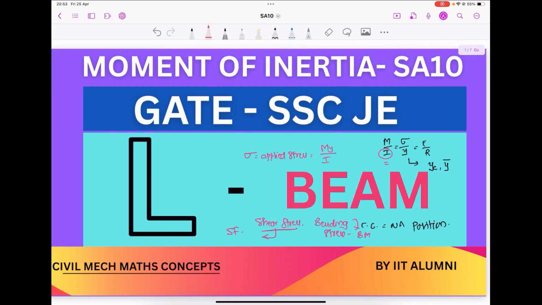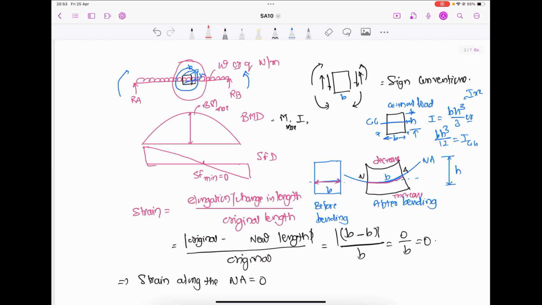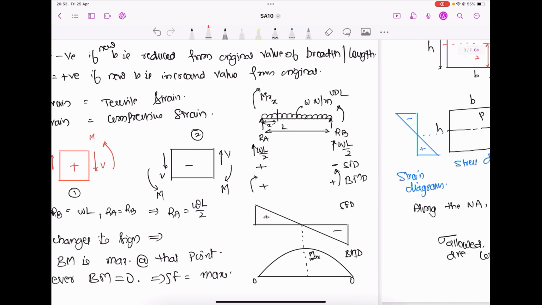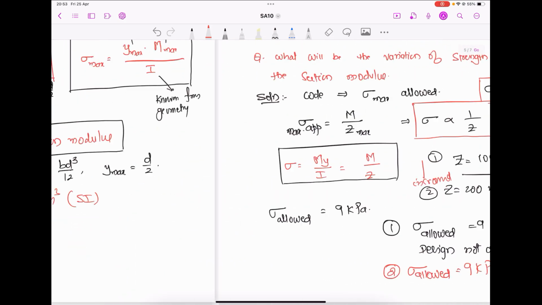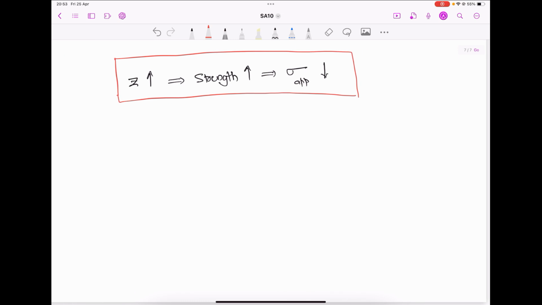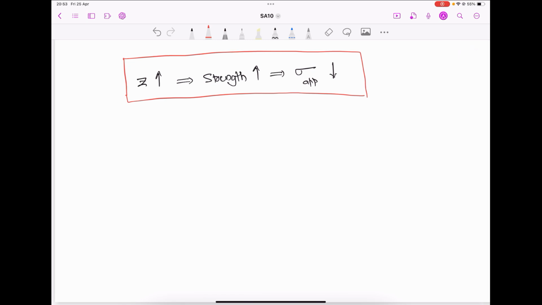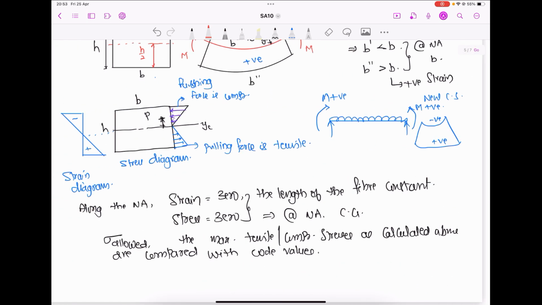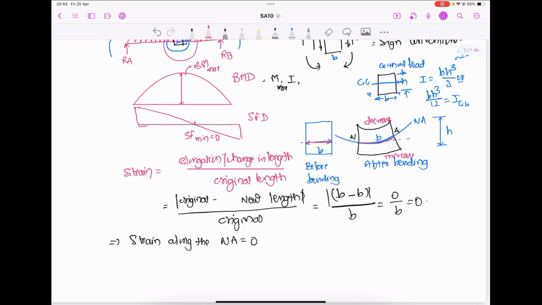Now you see, we got all this. Now, let us assume the dimensions of the L beam are given.